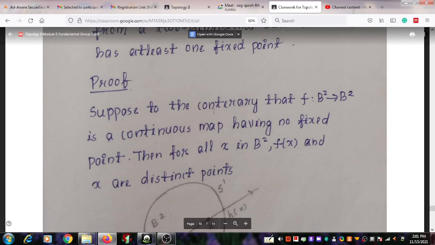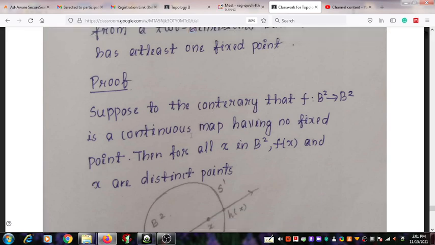Here also we will prove it by contradiction, and for that we suppose the contrary is true.